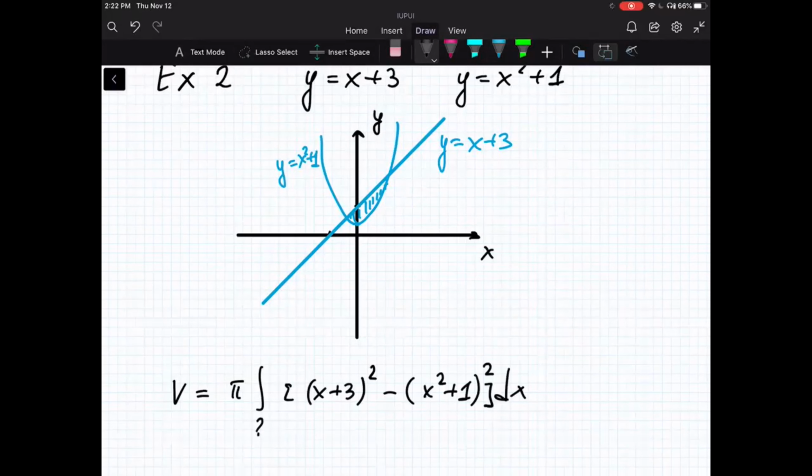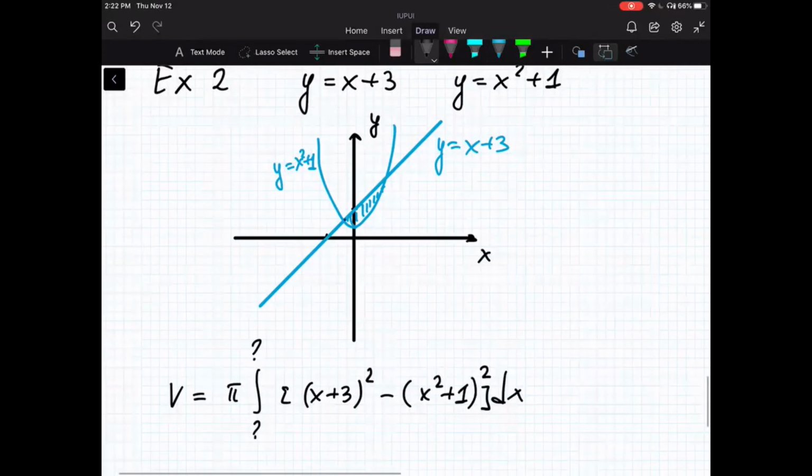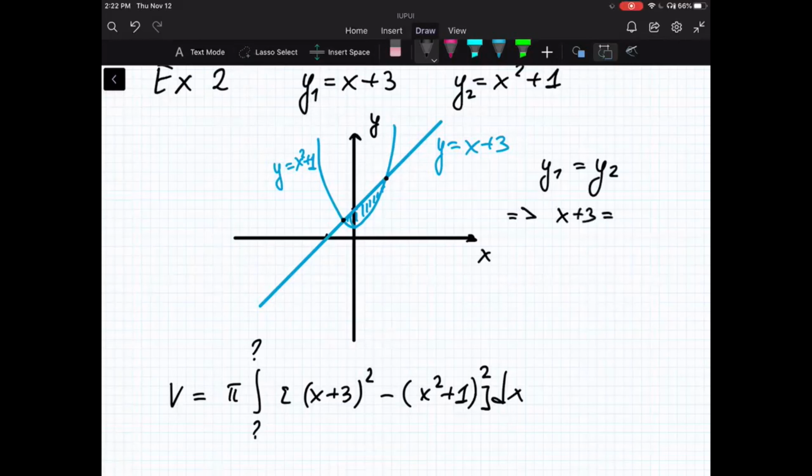But I need to find my limits. And how can I do that? I see that my limits are exactly the intersection points of these two curves. So I need to solve the following equation: y1, if I call it y1, and this is y2, should be the same as y2. And I'll get that x plus 3 is equal to x squared plus 1. If I simplify it, I'll get x squared minus x minus 2 equals 0.